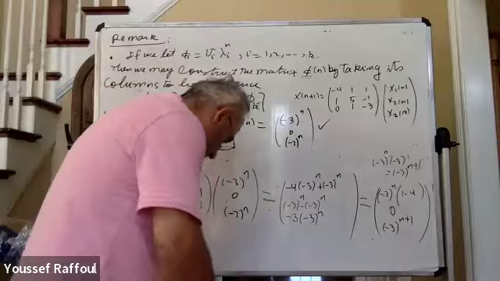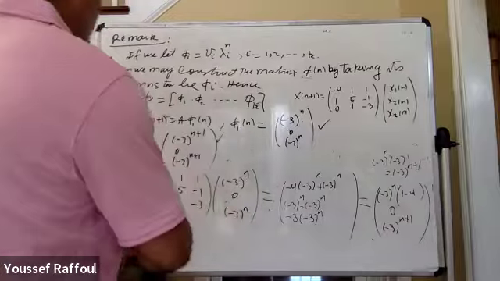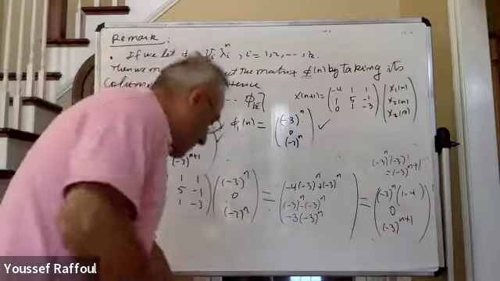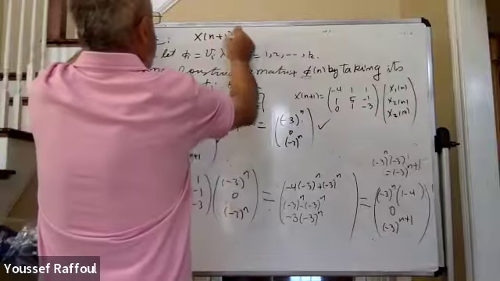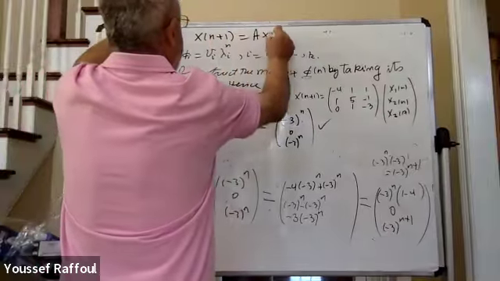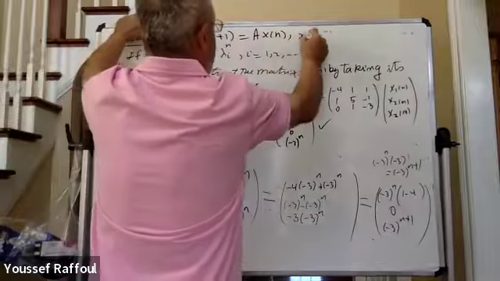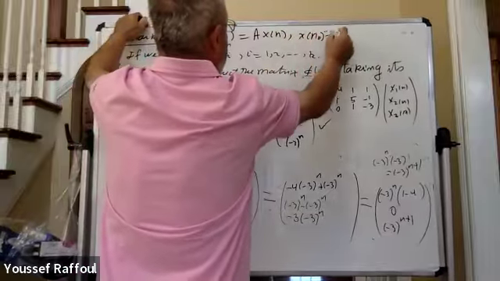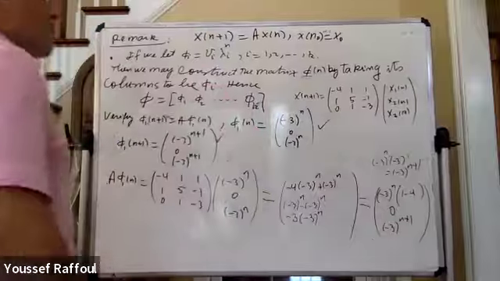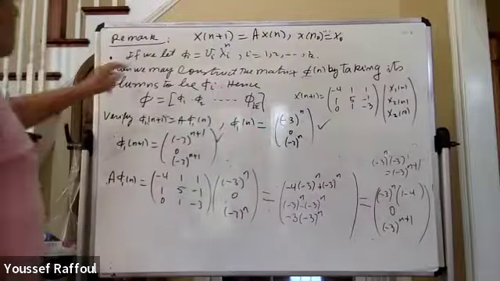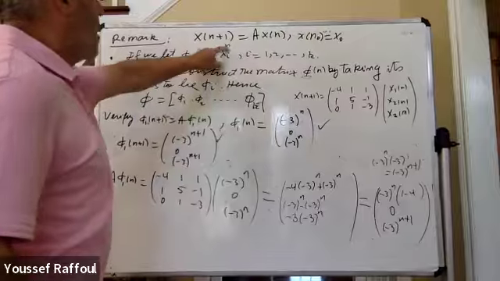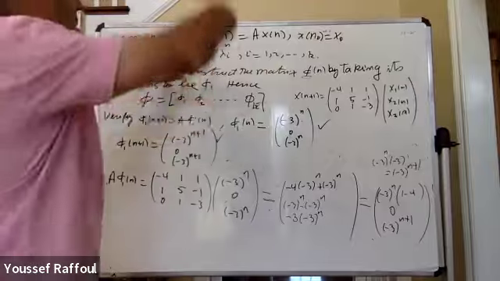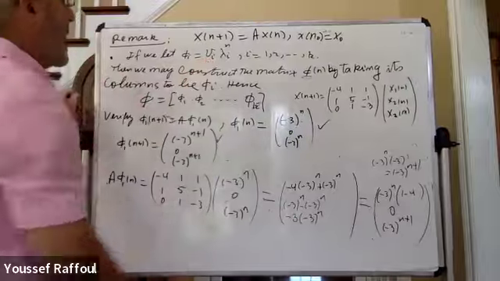Remember last time we had x_{n+1} equal A x_n, and let's assume x_{n0} equal to x_0. So we got phi_i equal v_i lambda_i to the n. So this is a column. V is the eigenvector.